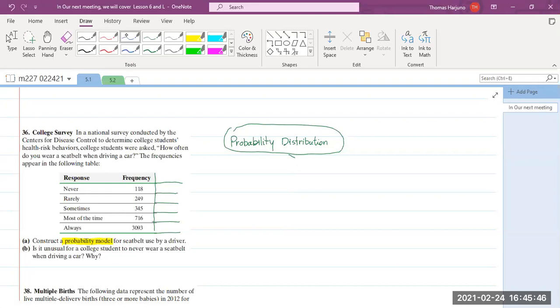So I will add all these numbers, 118 plus 249 plus 345 plus 716 plus 3093. I get 4521.